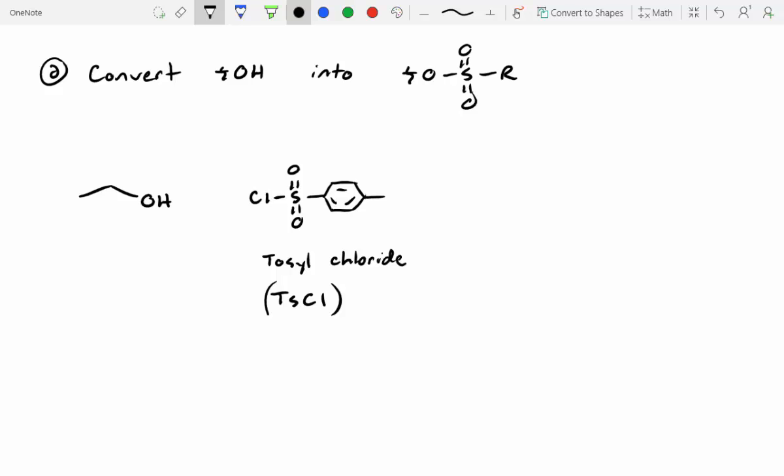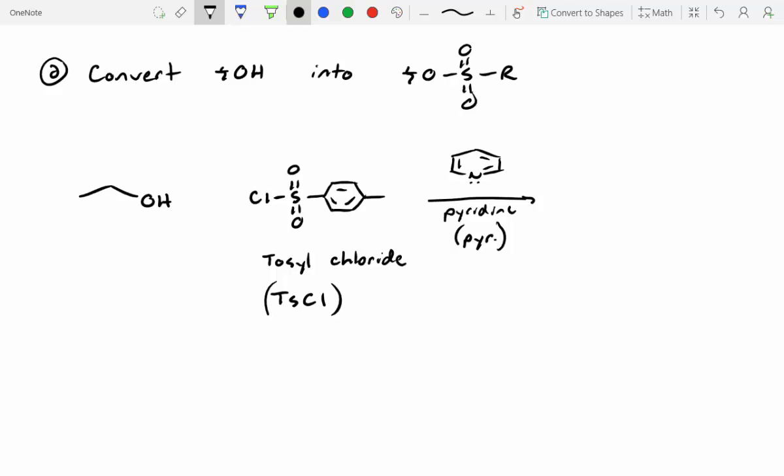And during this reaction, we run it in a very special type of solvent called pyridine. It's a nitrogen on the bottom there, and that nitrogen has a lone pair. And pyridine is sometimes abbreviated as PYR in your book. And pyridine is just a really nice, gentle base for your reaction. It's not going to do much besides accept protons.